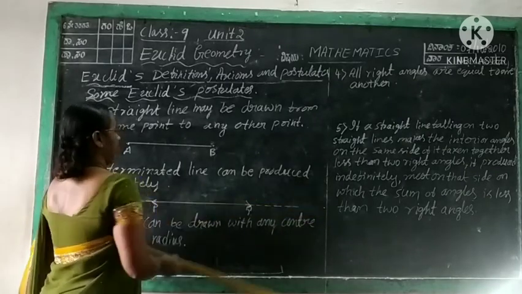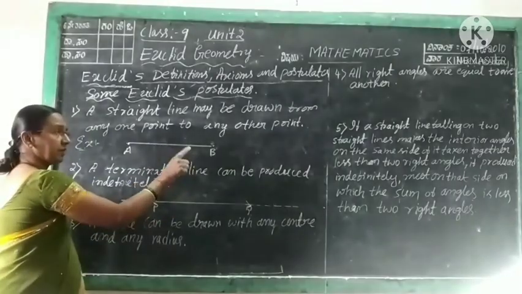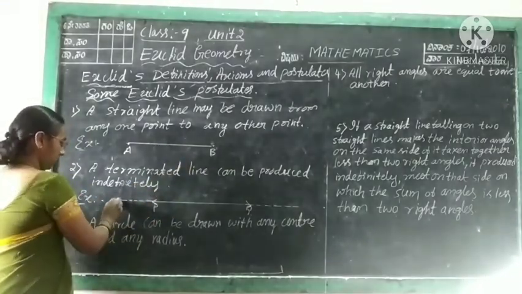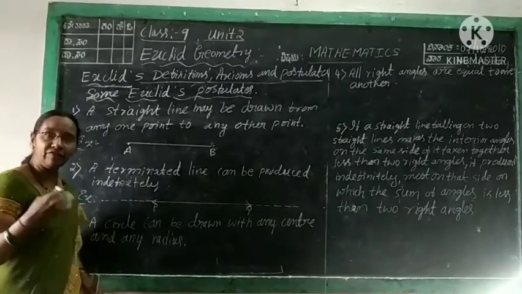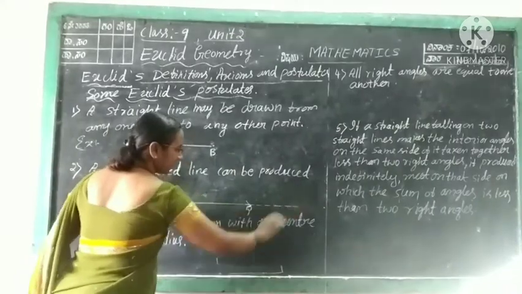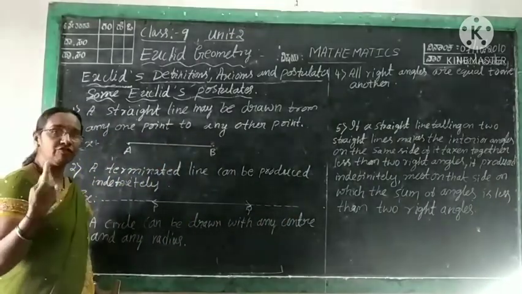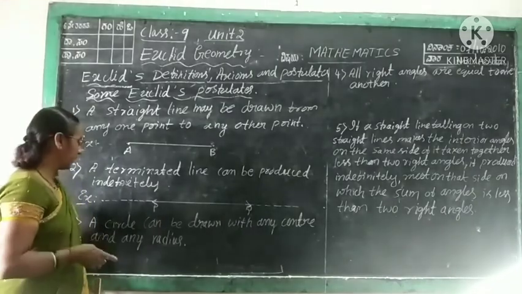It means the terminated line can be produced infinitely from the two points, on this Q side and this P side.